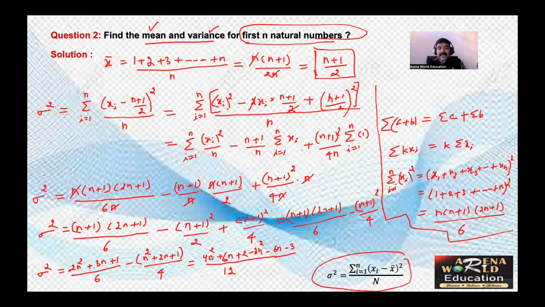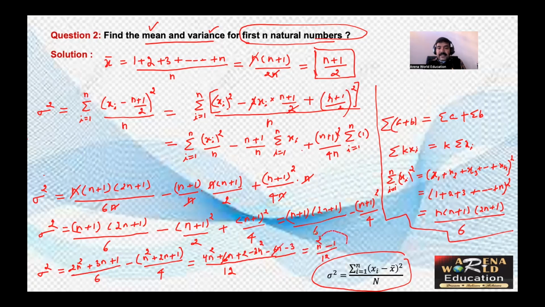I think everybody is clear till this point. Now look at this one. 4n square minus 3n square. What we are doing, we are writing like terms together. So 4n square minus 3n square, this will be n square, and 6n minus 6n is gone, and 2 minus 3, it will be minus 1, and divided by 12, right?